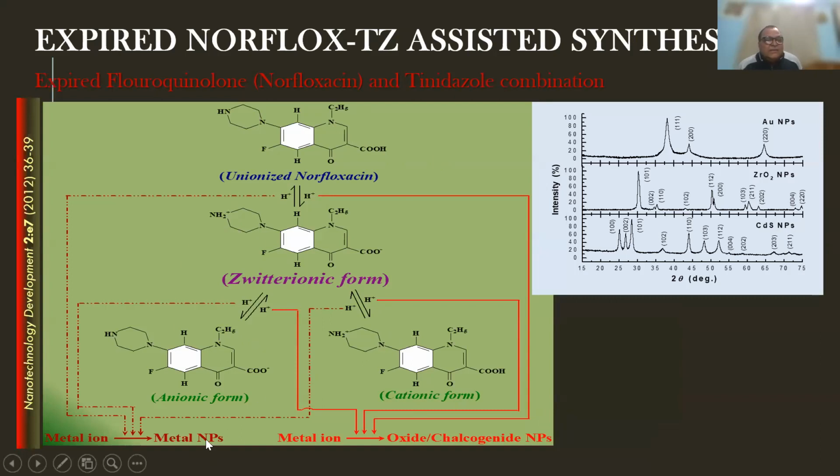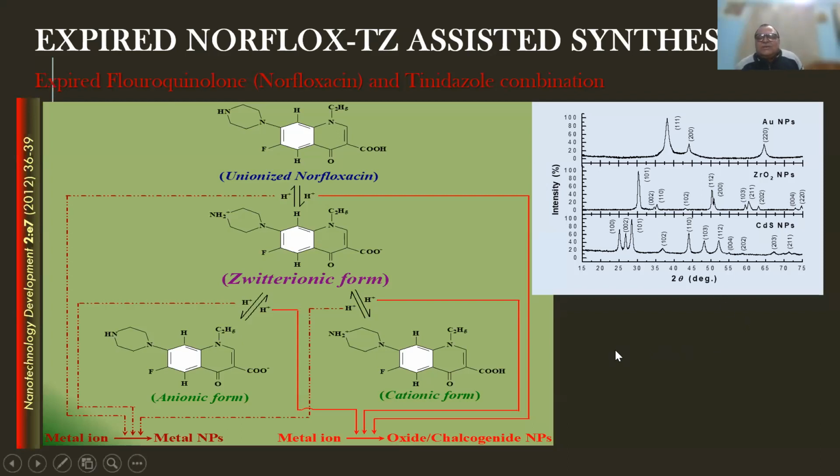You take the metal ion, you get metal nanoparticles. If you take metal ion, and if you have the requisite number of electrons or the requisite conditions for oxidation or towards the lower side of the pH, we get chalcogenide nanoparticles, that is the quantum dot nanoparticles.